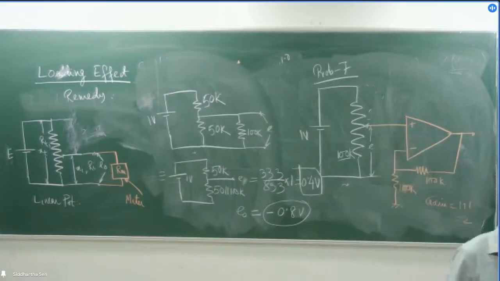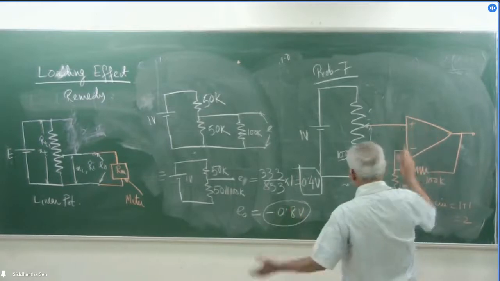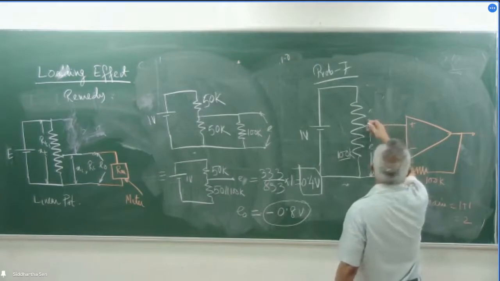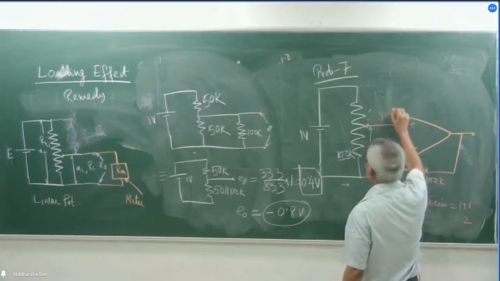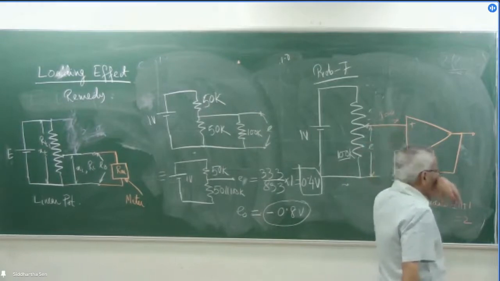But what is the advantage? The advantage is that this is an ideal op amp, even though we consider it non-ideal, but the point is that there is almost no current flowing through this circuit, because it has an infinite input impedance.